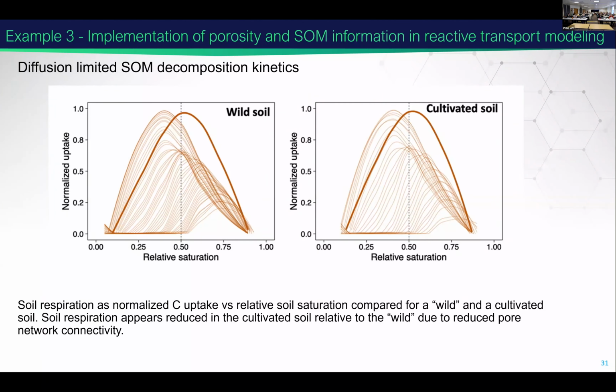Yeah, so I know Jianchu works on pore scale carbon metabolism, and so what I think she's showing there is water content within pores influences carbon respiration in slightly different ways, whether it is a natural soil or an agricultural soil.